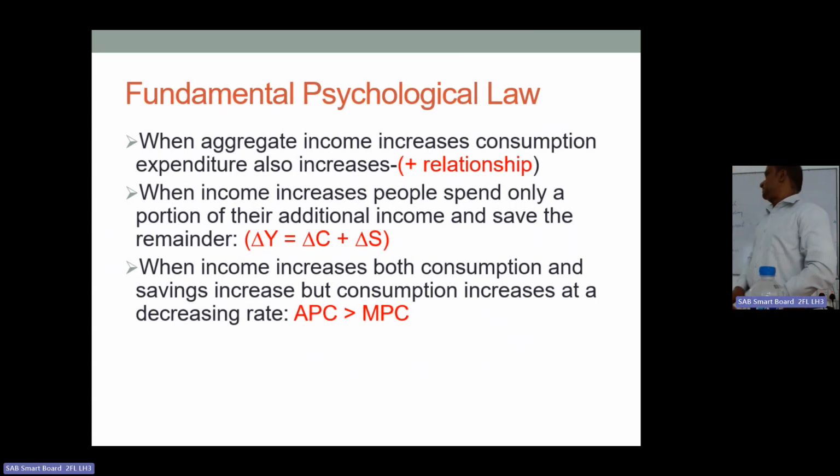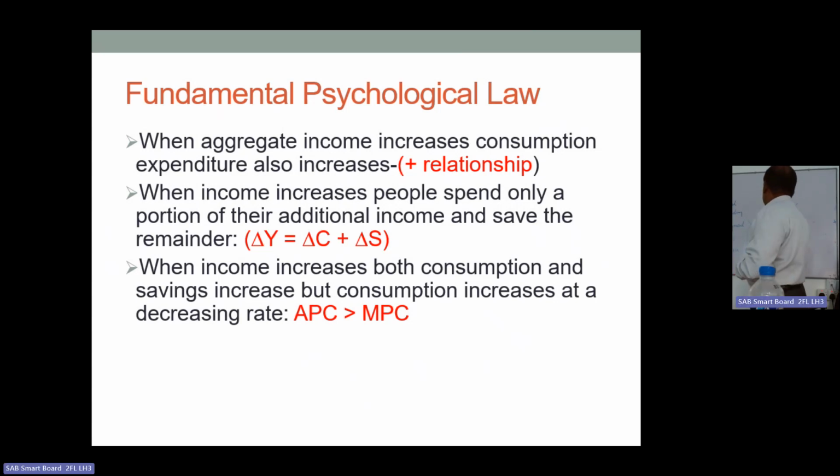In this consumption function, the theory invented these concepts, and the multiplier function is also an invention. Those are very important in explaining the consumption function and national income determination. So in the fundamental psychological law, APC is higher than MPC: average propensity to consume is higher than the marginal propensity.